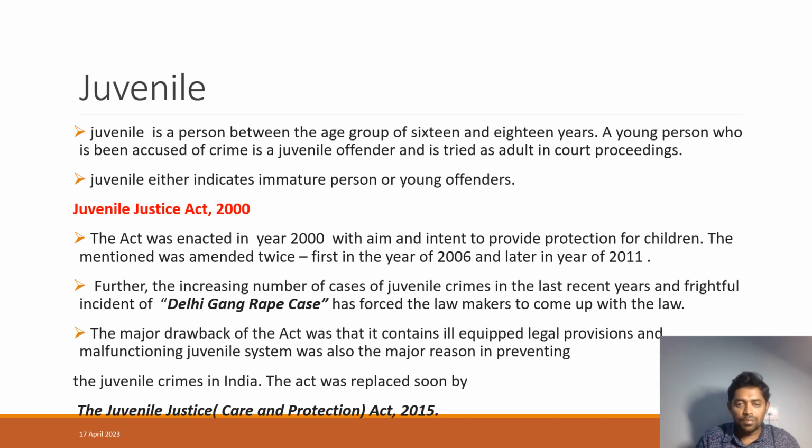Further, the increasing number of cases of juvenile crimes in recent years and the frightful incident of the Delhi gang rape case forced the lawmakers to come up with a law. The major drawback of the Act was that it contained ill-equipped legal provisions, and the malfunctioning juvenile system was also a major reason for not preventing juvenile crimes in India. The Act was replaced soon by the Juvenile Justice Care and Protection Act 2015.